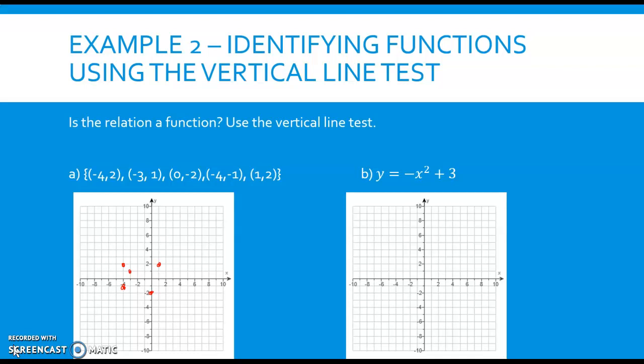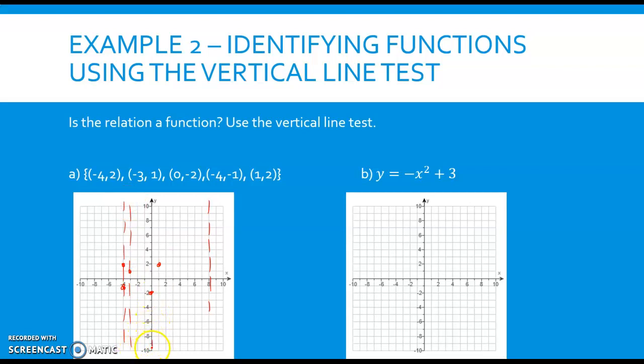Now that your points are graphed, the vertical line test is really just to take our vertical lines, which are our x values, right? Along this vertical line here, any point on this would have an x value of 8. So what I am doing with my vertical lines is trying to see: do I have any vertical lines that have more than 1 point on them?